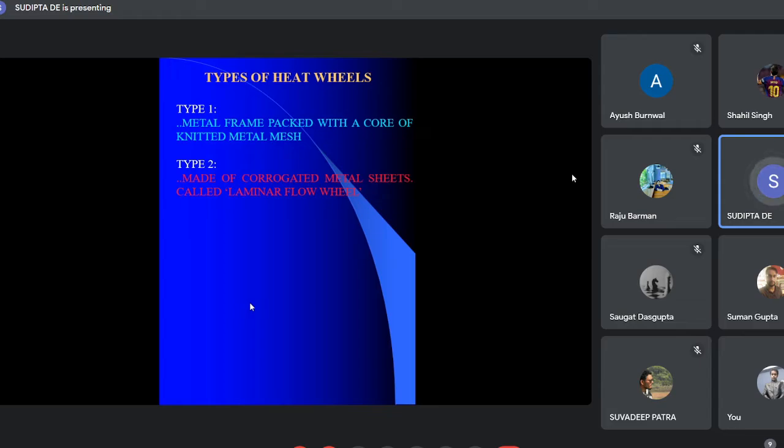That's why it's alternately called laminar flow wheel, because in this type of wheel, the corresponding gas flow is always laminar, never turbulent. So this type of corrugated metal sheets are alternately called laminar flow wheels. It has got advantages and disadvantages, just write down.